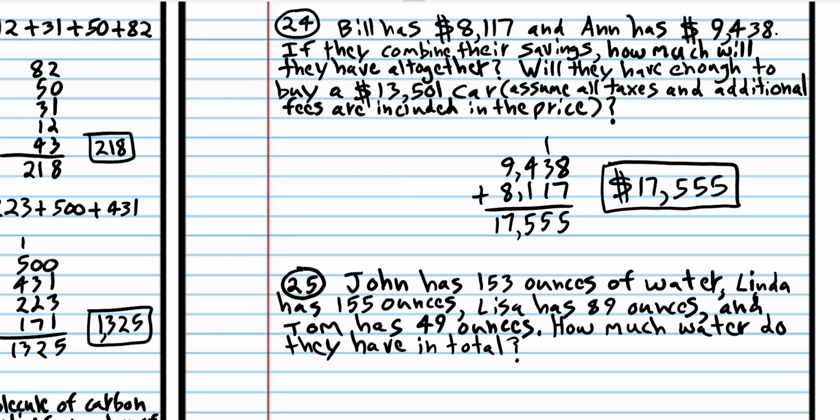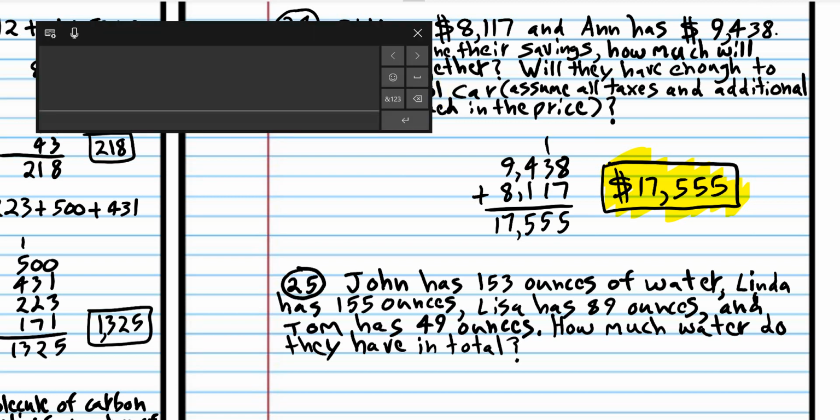So obviously they have this amount of money, and they need this amount of money. So do they have enough? Well, the answer is yes, of course. They have more than enough.